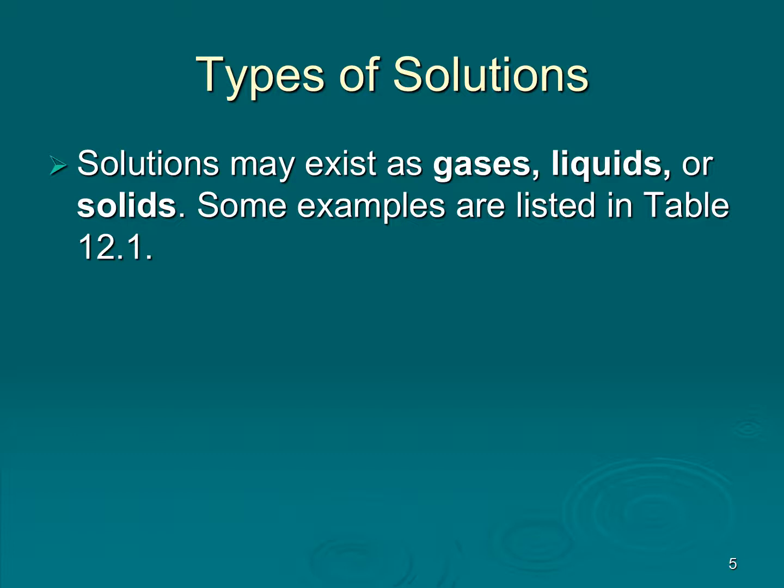Okay, so there are different types of solutions that we can have. Solutions can exist as gases, liquids, or solids, and we have some examples that will show up in table 12.1 in just a minute.